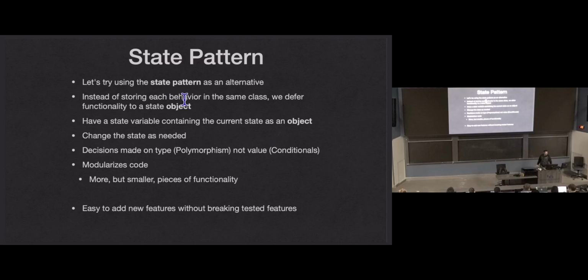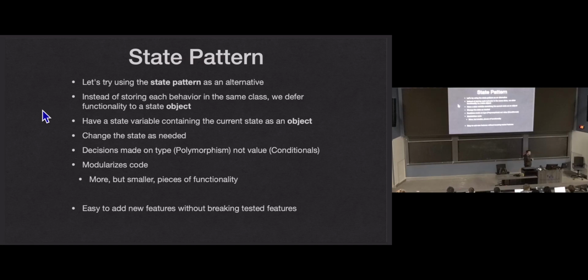So our object that has all the different behavior is going to not define any of that behavior. When we have our object, it can have a multitude of different behaviors. We're not coding that behavior in that class. The class is going to end up not really doing anything. Instead, it's going to have a state variable. It's going to have an instance variable which stores an object representing its current state.